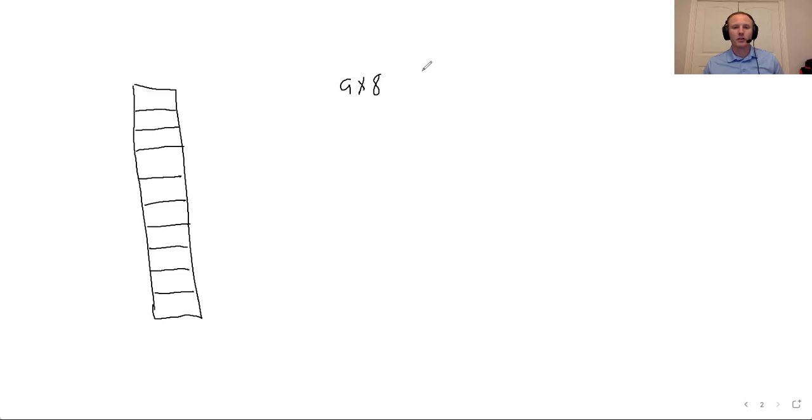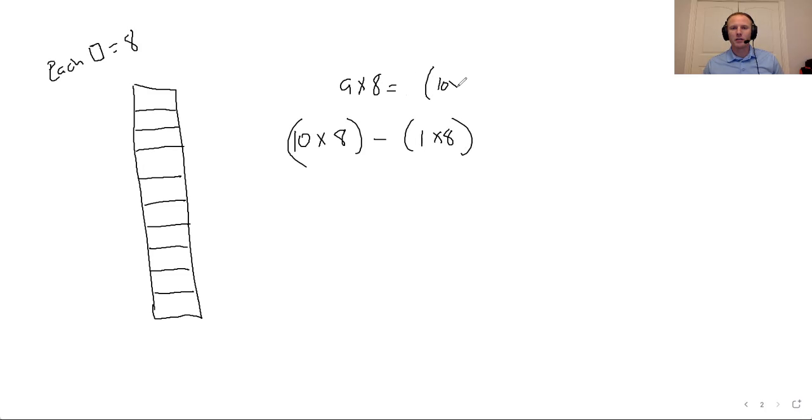Each block is going to equal 8. So 9 times 8, we could solve that by thinking about it as 10 times 8 minus 1 times 8. So 9 times 8 is the same as 10 times 8 minus 1 times 8.